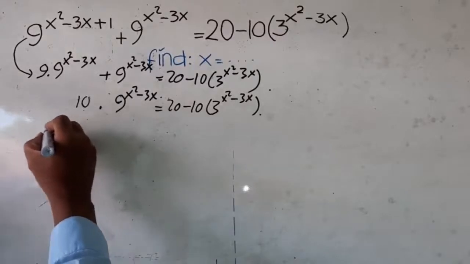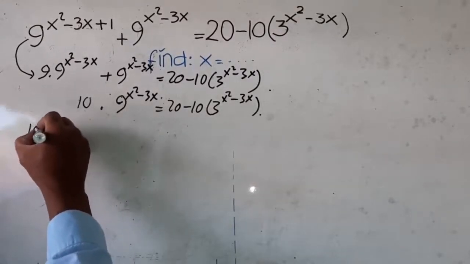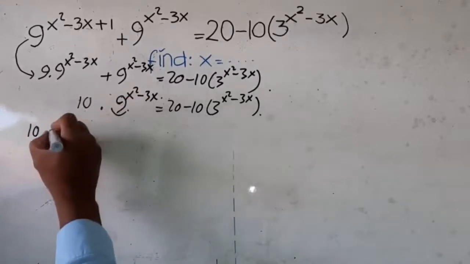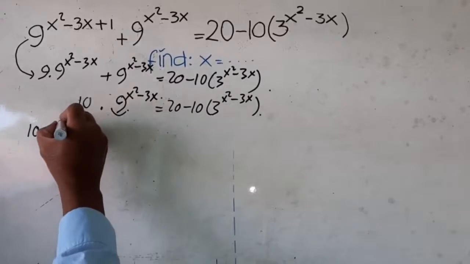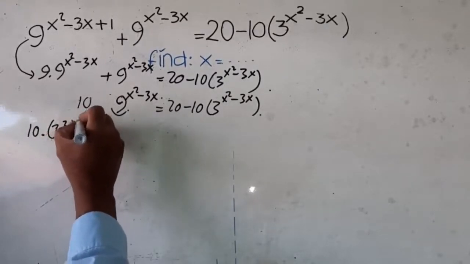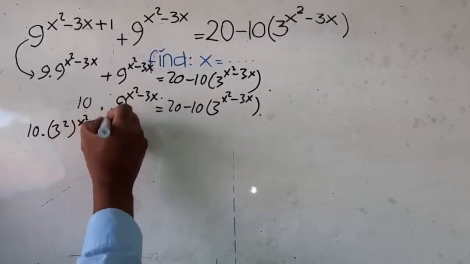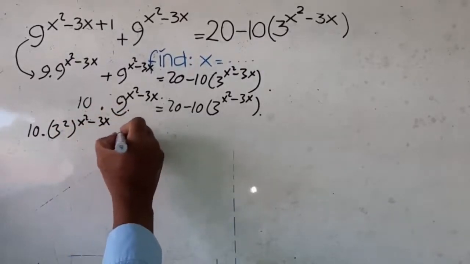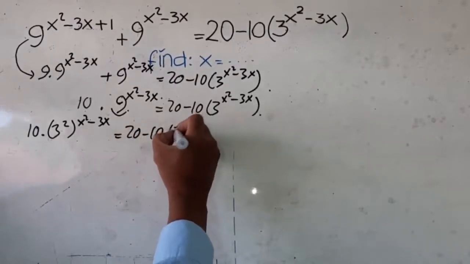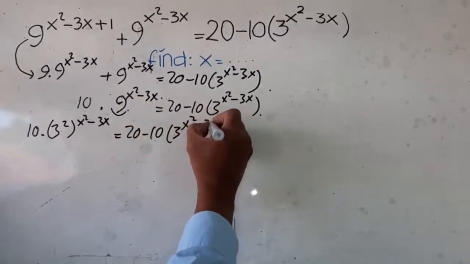So that 10 times 3 power 2, x square minus 3x, equals 20 minus 10 times 3 power x square minus 3x.